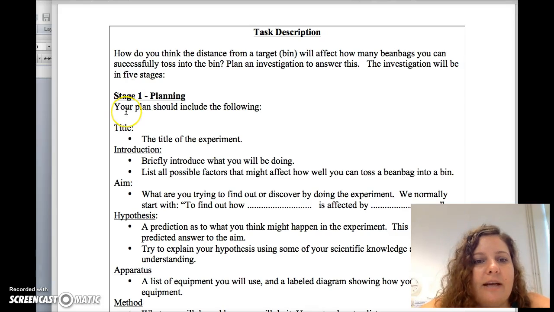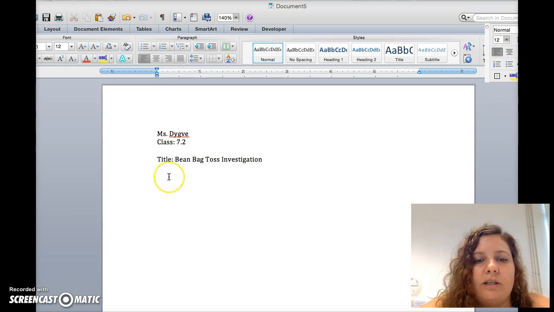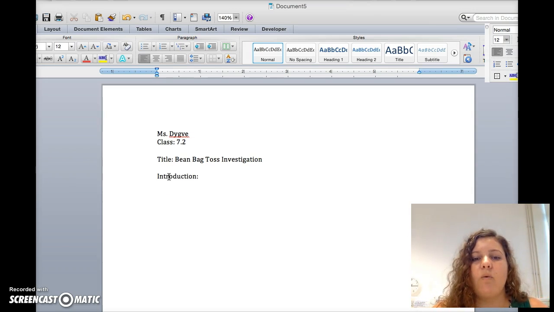And then if we look at our next part is the introduction. Briefly introduce what you will be doing. What are you doing in this experiment? Okay, so let's go back to our Word document and write the word introduction. Well, I want you to think about it for a minute. What exactly are we doing?